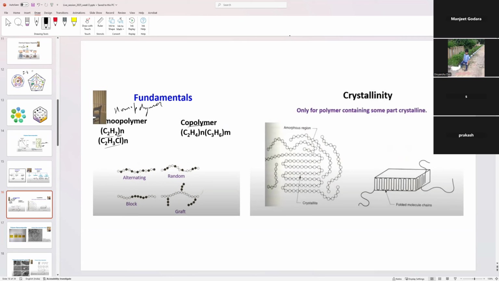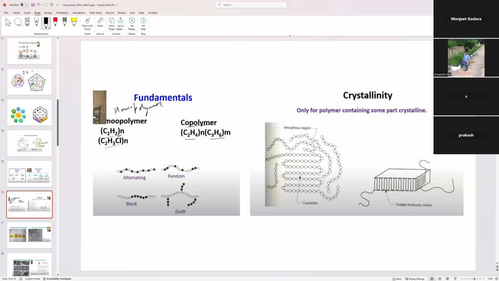Ethylene chloride. Then you have your copolymer, where you have different units. So this is ethylene and propylene. You can have ethylene and butene, or any two different unit cells. You just combine them.